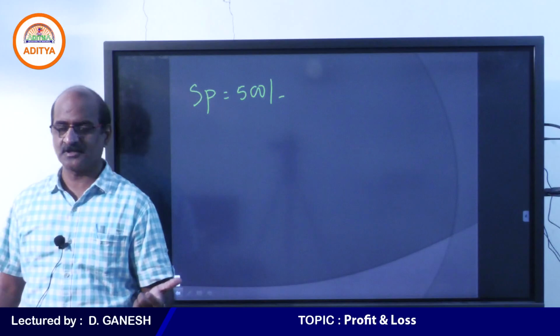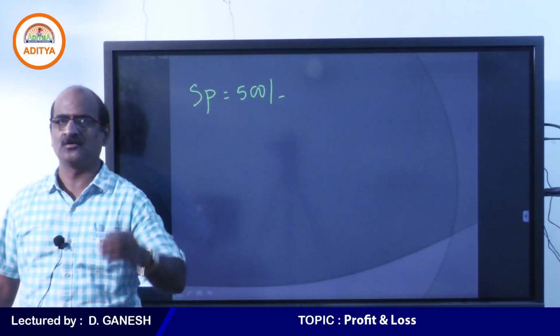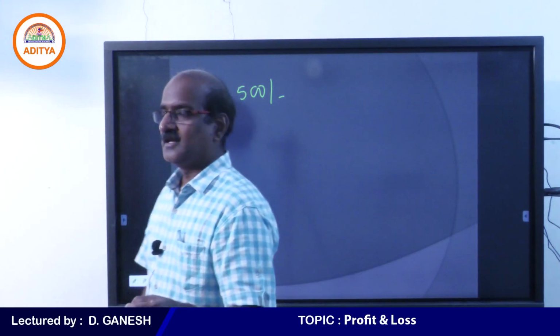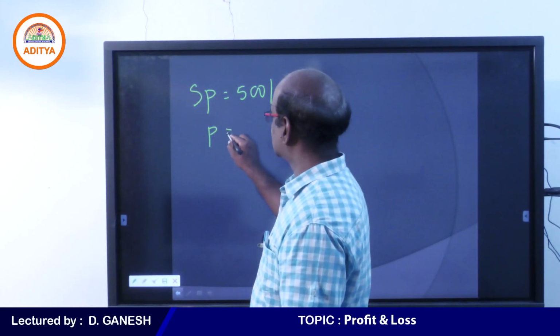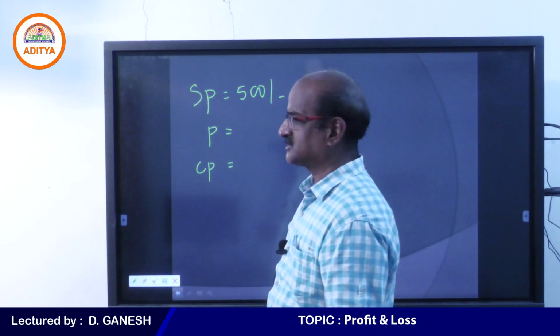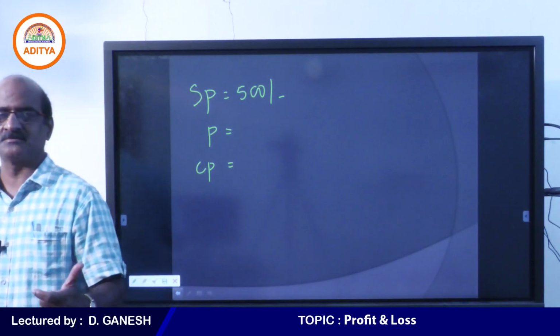Now I put a question to you, you just need to answer, that's all. Please answer only the question I put to you. By selling an article, if I say that the businessman has got a profit of something, now please tell me, what can his cost price be?